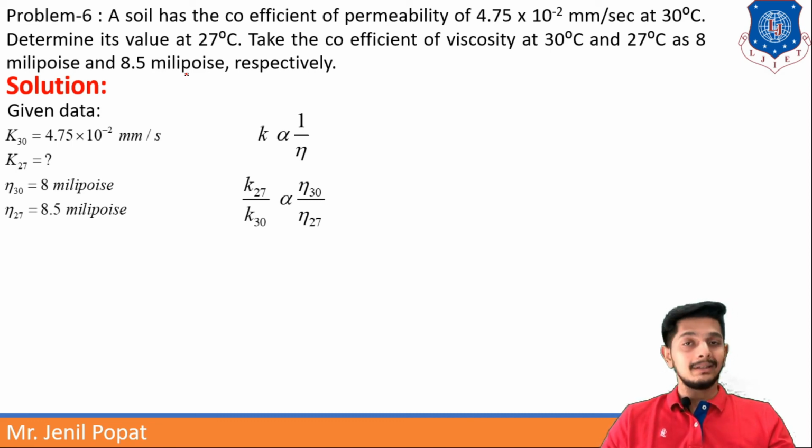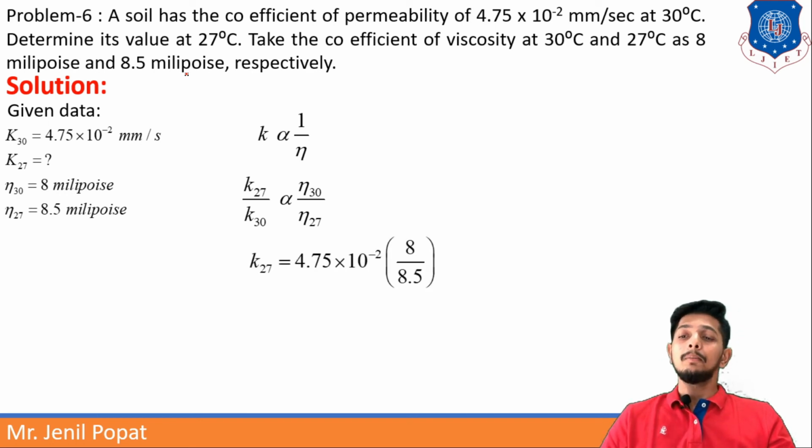So I have written the similar thing. K27 by K30 is proportional to eta 30 by eta 27. So it is inverse. Putting values of all three provided and keeping K27 as subject and unknown of the equation, I am getting K27 as 4.47 into 10 raised to minus 2 mm per second.